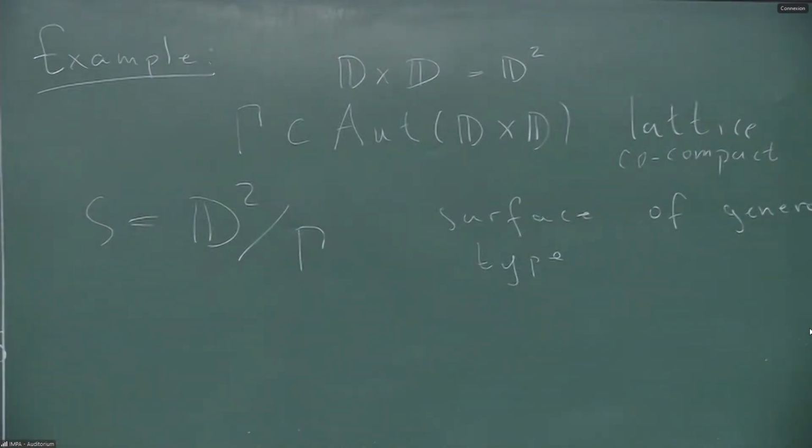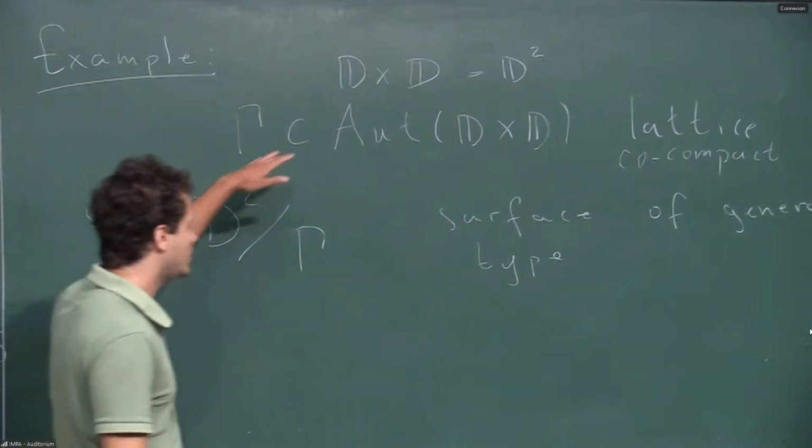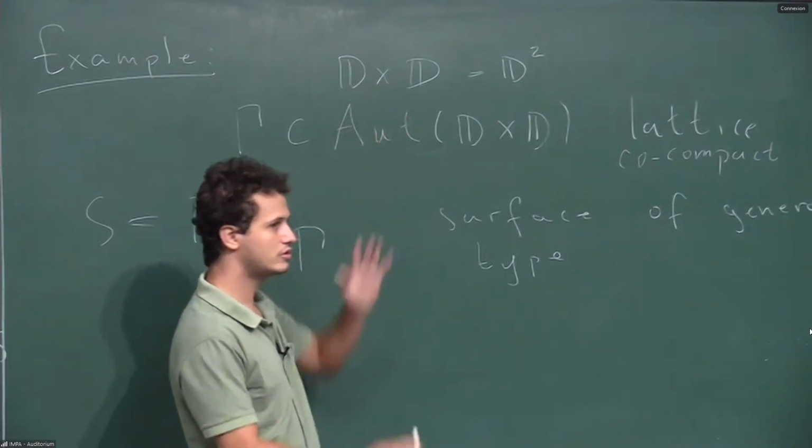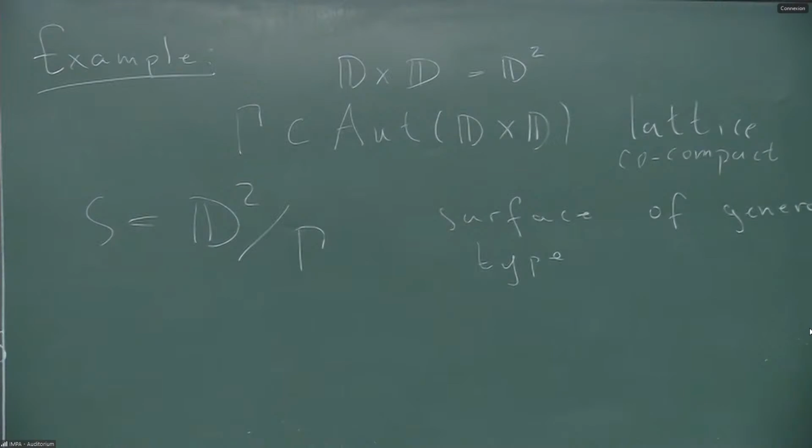Right? And as you can see, looking only at the bi-disc, we have two natural foliations which are given by the projections.